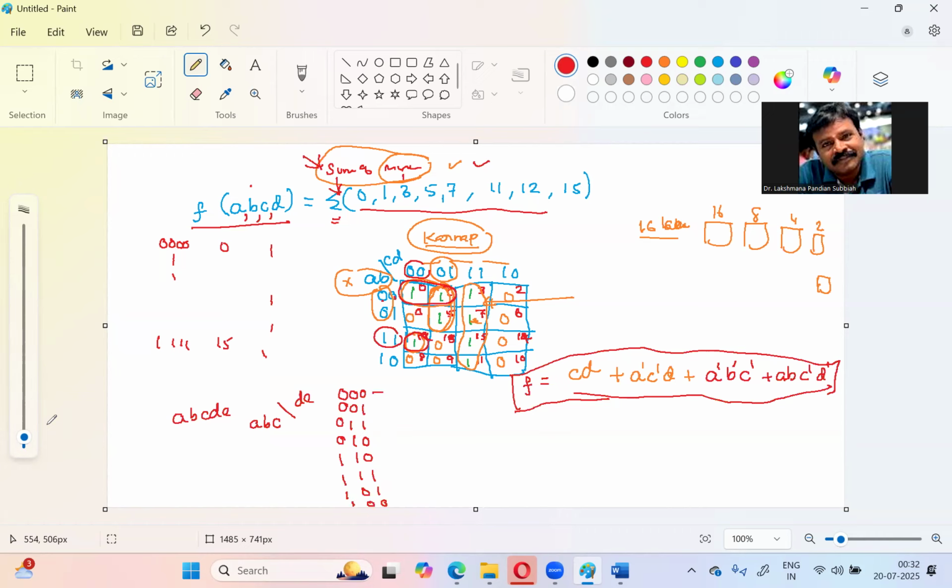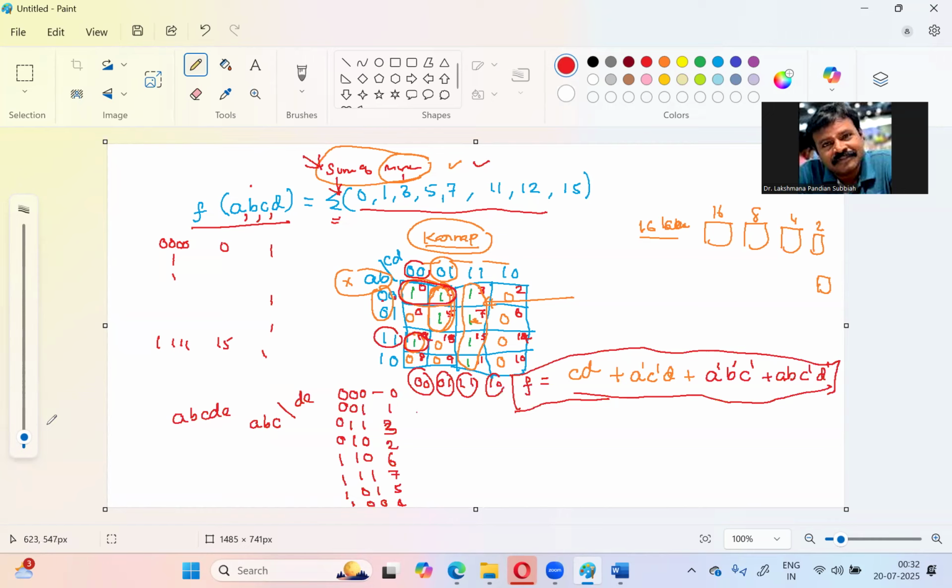So this is the sequence: 0, 1, 2, 3, then 4, 5, 6, 7. In that order you write ABC for the rows, and DE is 0 0, 0 1, 1 1, 1 0.